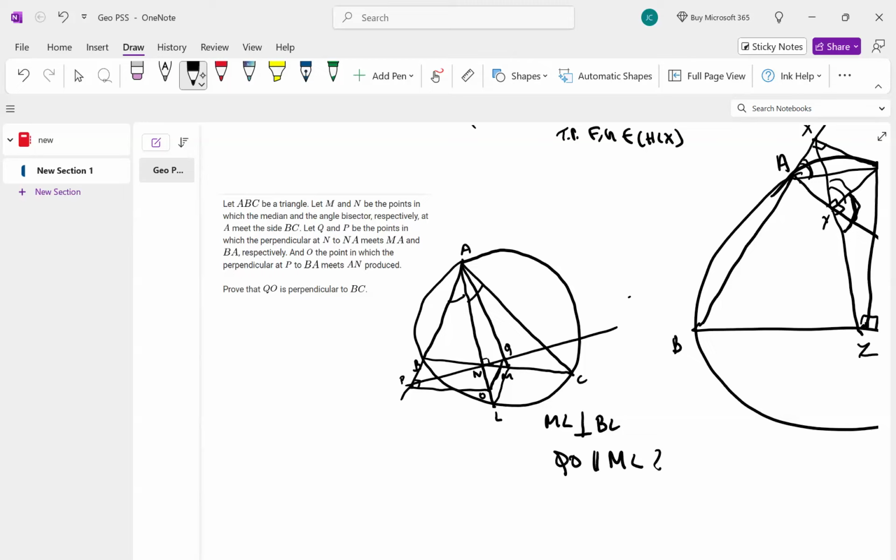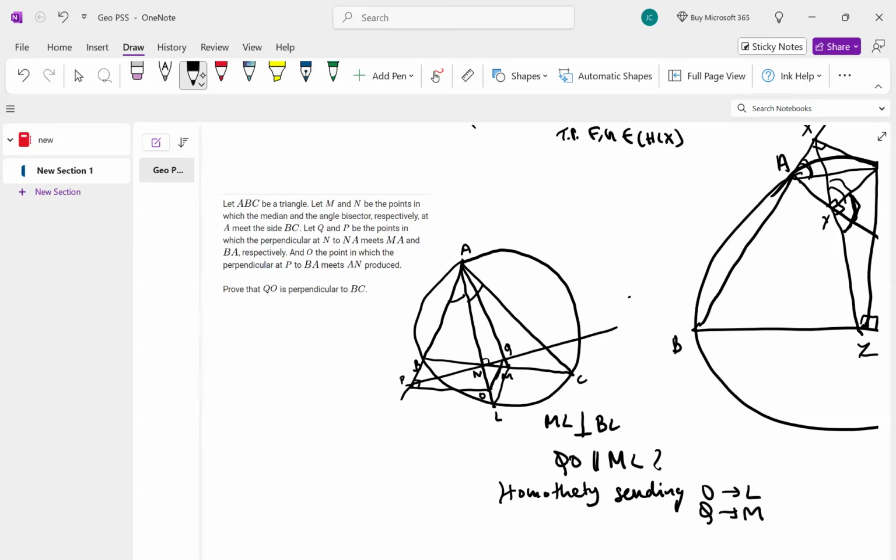I'm just confirming the point L you constructed is the midpoint of arc BC, right? Yes, it is. So like homothety, because... Sure, yeah. So all you need to do is show that there's a homothety sending O to L and Q to M. How did we use homothety?